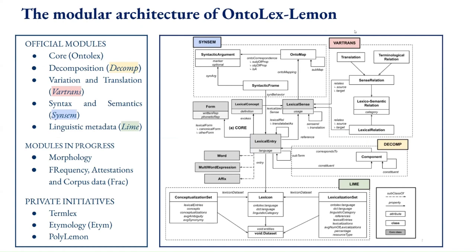And maybe, if you are good, and I suppose you are good students, also with the translation, okay? How to link different lexical entries that belong to different lexica by means of the relation translation, by using this module that is called variation and translation.